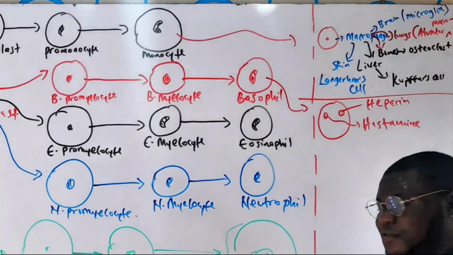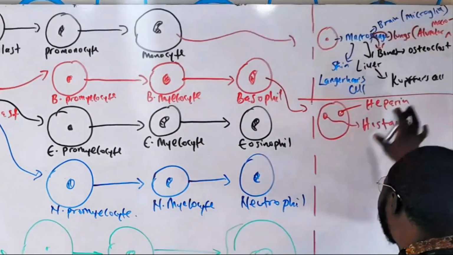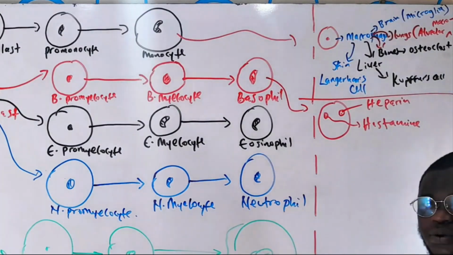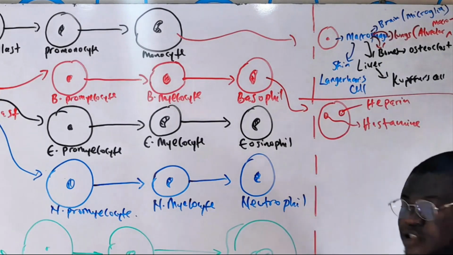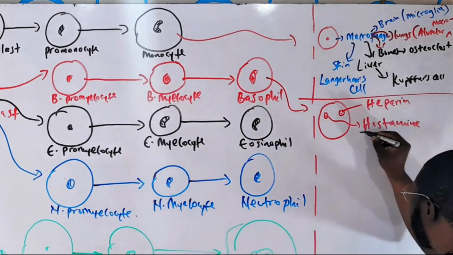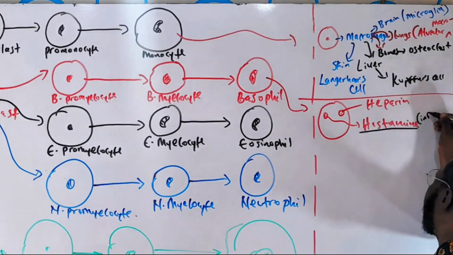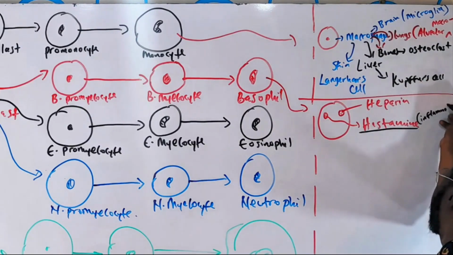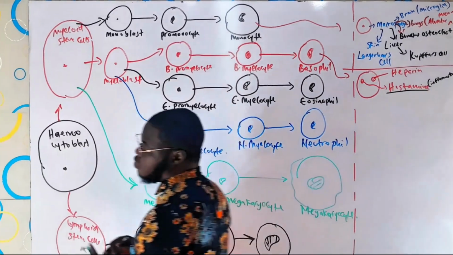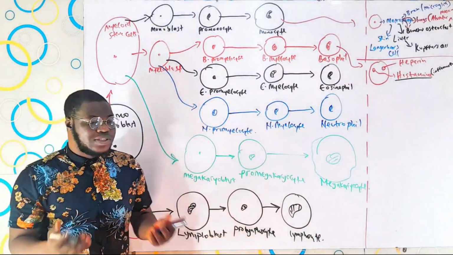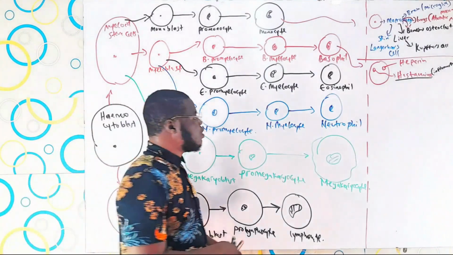What is the function of heparin? Heparin is known to be an anticoagulant, which prevents blood clots. But mainly, the function of basophil is through histamine, which promotes inflammation. Promotion of inflammation. And I do not have to be telling you that inflammation is actually something positive and not something negative. So, leave that aside.